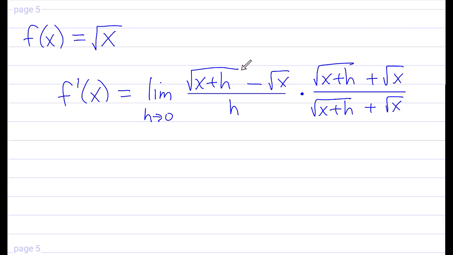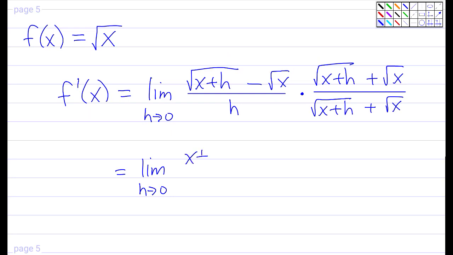And why do we do this? It's because we get a difference of two squares. X minus y times x plus y is equal to this quantity squared minus this quantity squared. And I get limit h goes to 0 of x plus h, that's this quantity squared, minus x, that's this quantity squared. And that whole thing is over h.